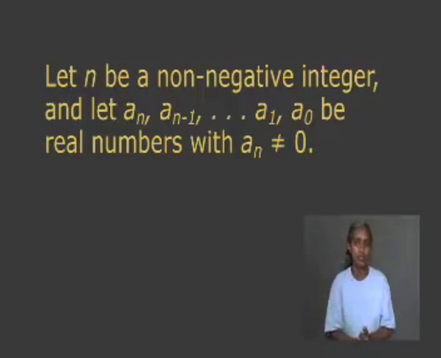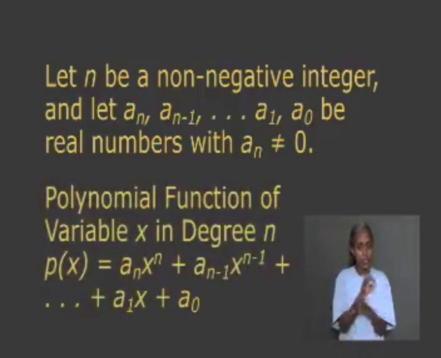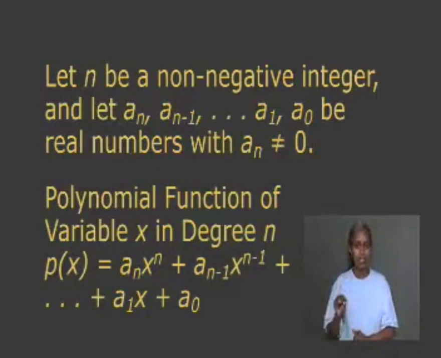Then, the function p of x equals a sub n x to the power of n plus a sub n minus 1 x to the power of n minus 1, to a sub 1 x plus a sub 0.